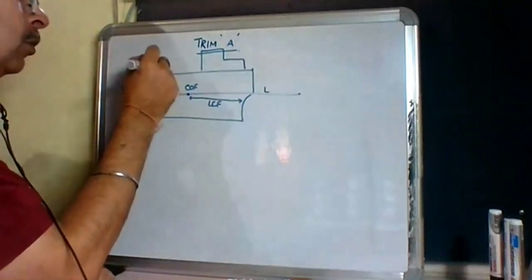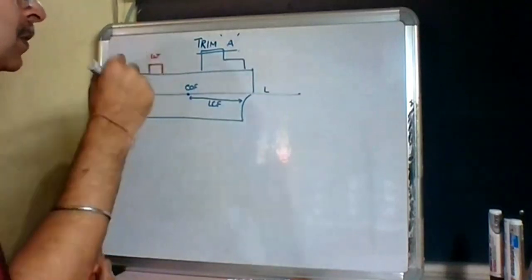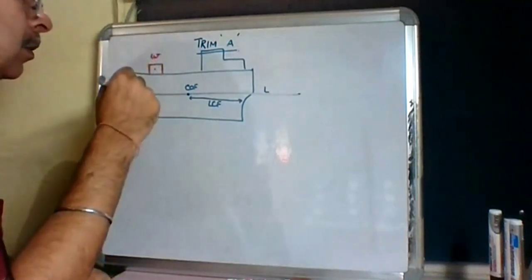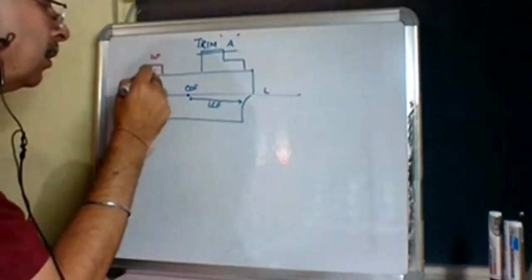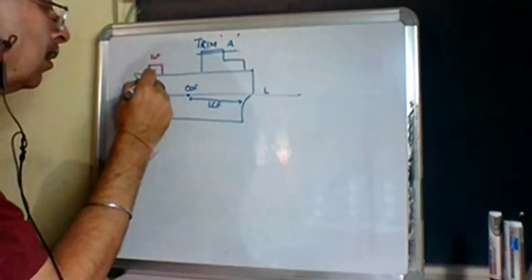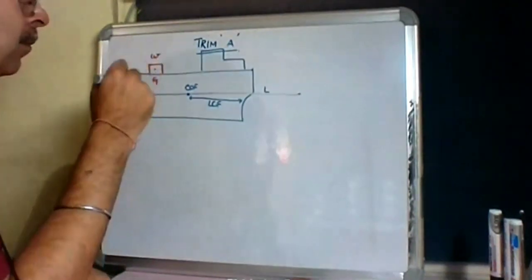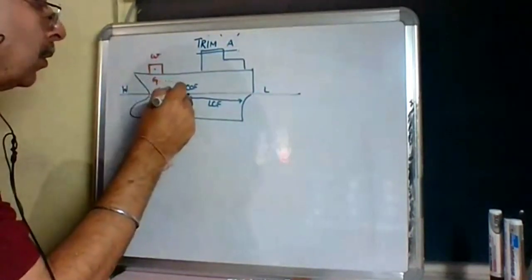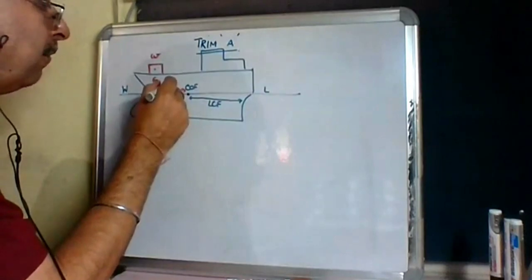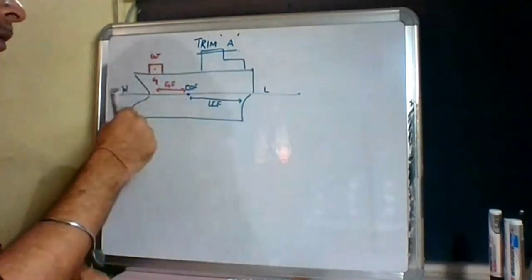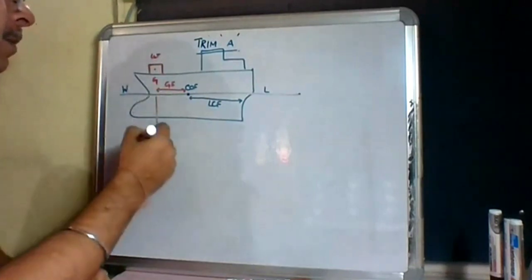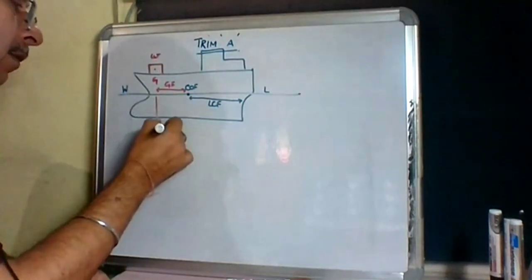This is the cargo W, which is loaded at a particular G. GF becomes the lever through which the W is acting downward.